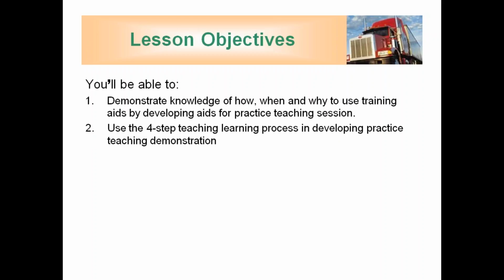Then use the four-step teaching learning process. So let's see what are the various steps of the four-step teaching learning process in developing the practice teaching demonstration. First one is to demonstrate the knowledge of how, when and why. How means how it is done, when means the timing, and why means what is the use of training aids by developing the aids for practice teaching sessions.